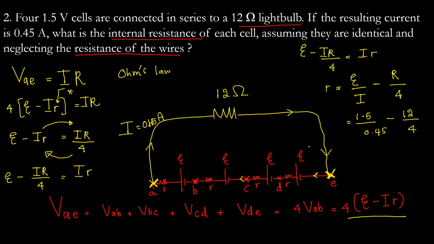So I got the answer as 0.33 ohms. So this is the internal resistance of one of the cells. So this cell will be 0.33 ohms, this internal resistance will be 0.33 ohms, and so on. So this is a hard problem.